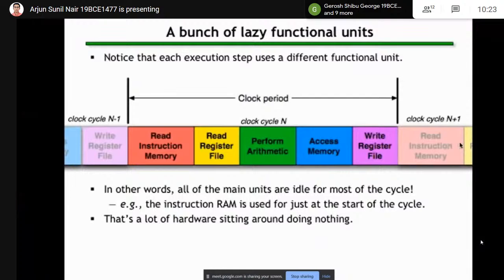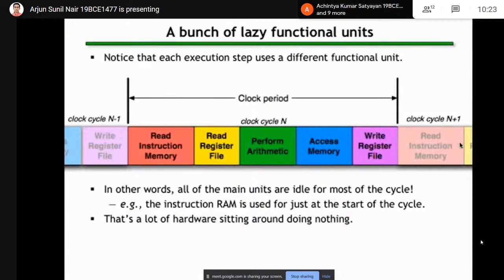Now in a non-pipeline architecture, there is a read instruction memory, then a read register file, then an ALU which performs arithmetic operations. Then we access memory so that we can store the values we got from the arithmetic execution, and then we have a write register file phase. All these phases happen across clock cycles.